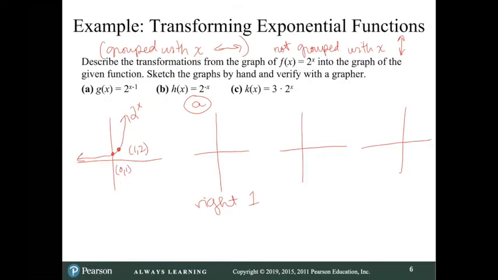So when x is 0, 2 to the 0 minus 1 is 2 to the negative 1, which is 1/2. When x is 1, 2 to the 1 minus 1, that's 2 to the 0. Let's try that again. 2 to the 0 is 1.